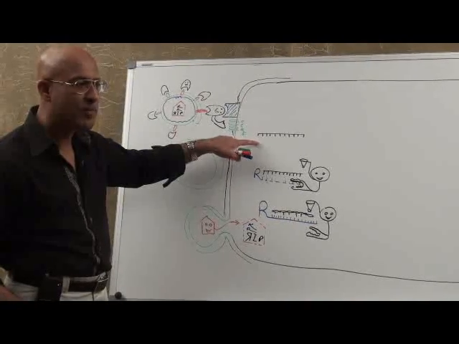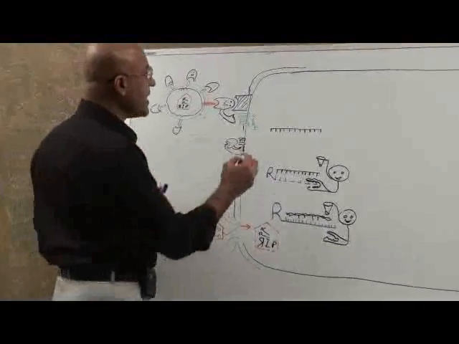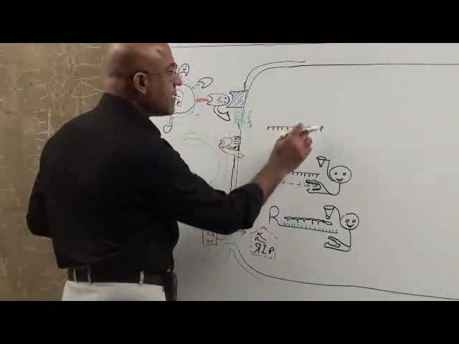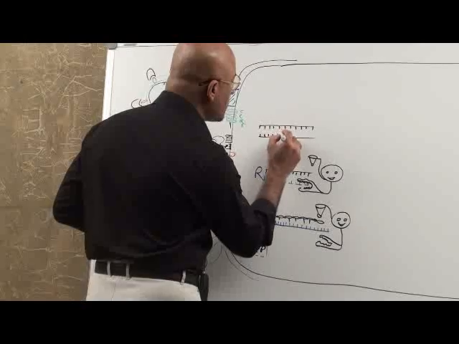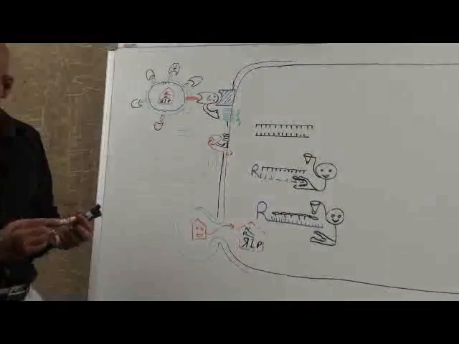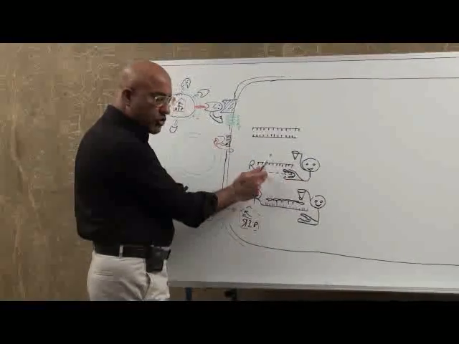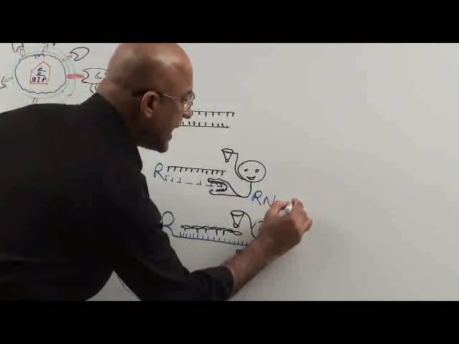When RNA has been removed and this is left single, its complementary DNA will be made, and now it has become double-stranded DNA. Now this point, which destroys the RNA, is called RNase H.